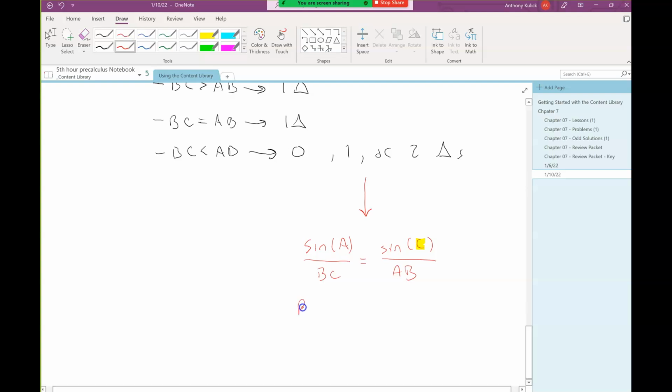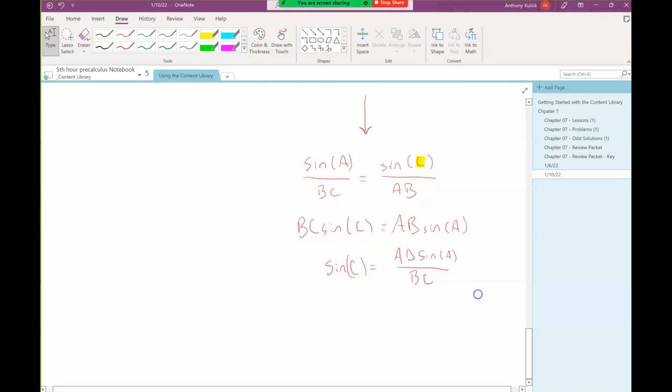So we'll cross multiply. So BC times sine C equals AB times sine A. And if we divide both sides by BC, we have this.